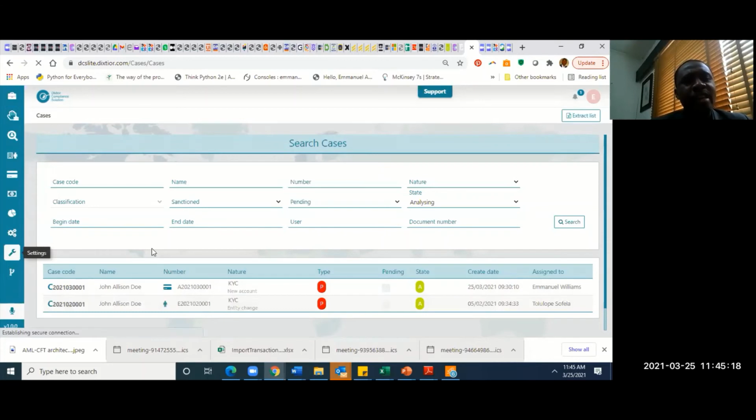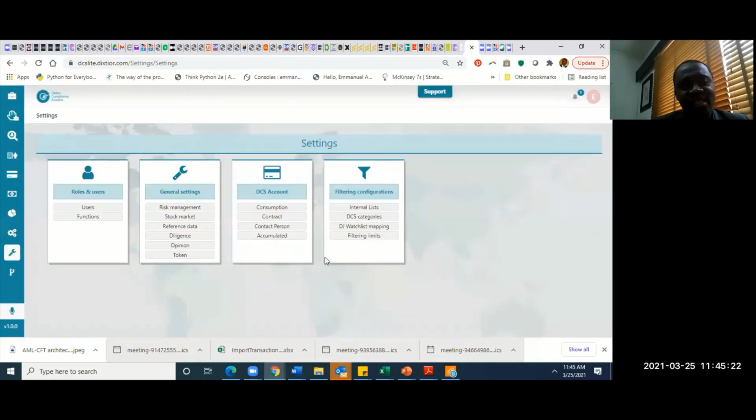If we go deeper into the application, in terms of settings, it allows us to set some risk filters and diligence filters. You can also create your own internal list.